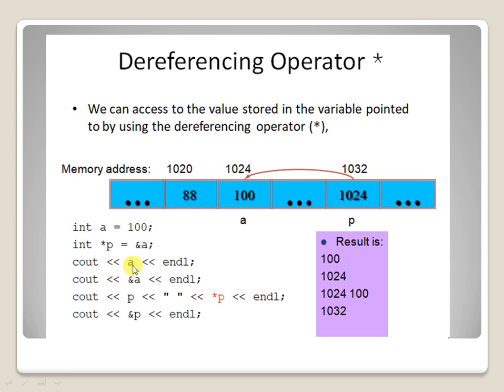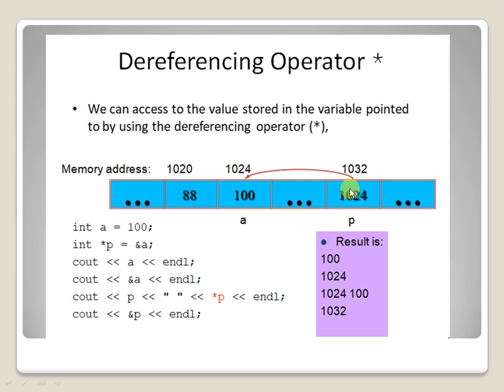You can print cout a, that is the value, which will give you 100, ampersand of a, that is 1024, cout p, that is the address, so it's 1024, and star of p. Star will give you the value stored in the variable that is pointed to by this p pointer. So wherever you have used p, p is a pointer, p is holding the address.